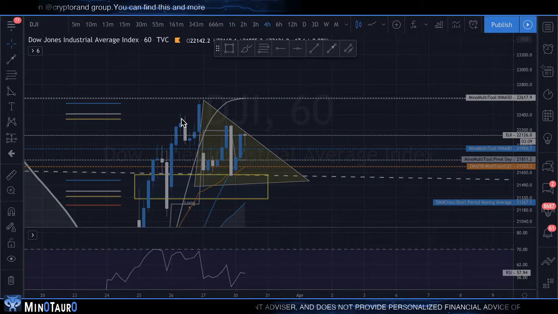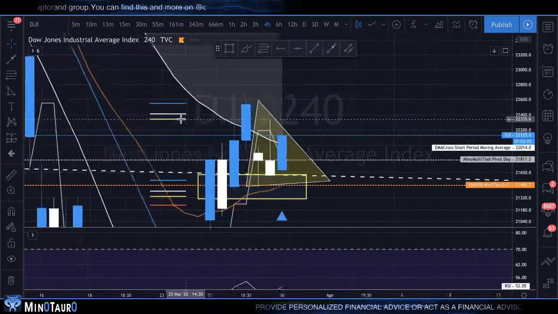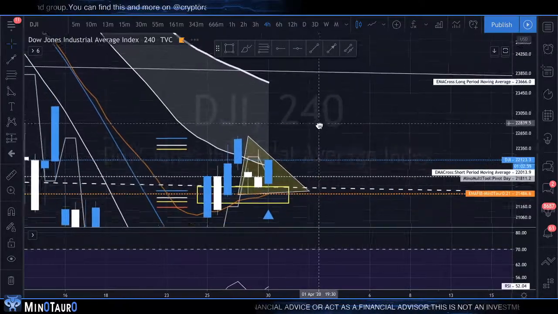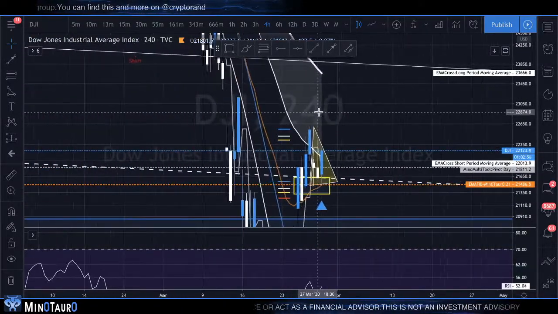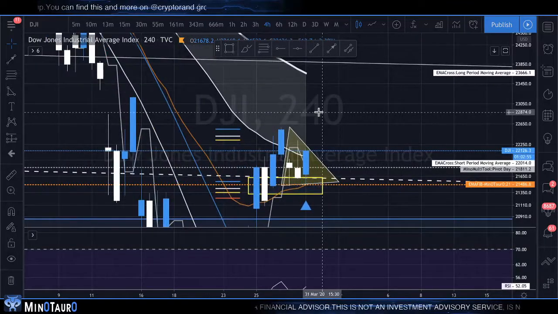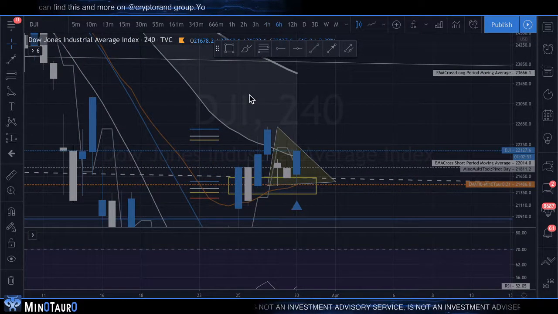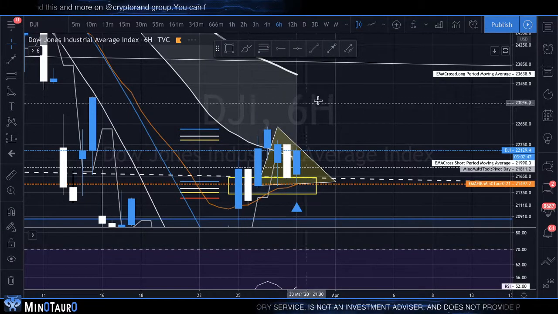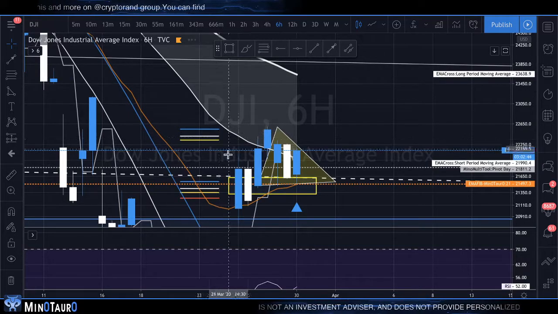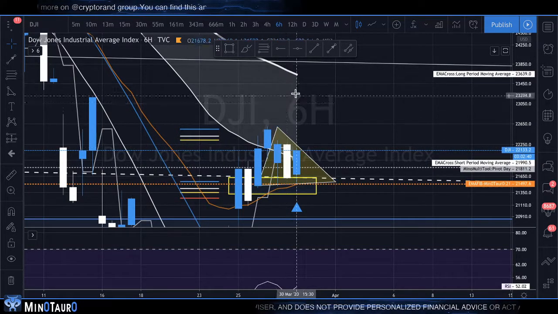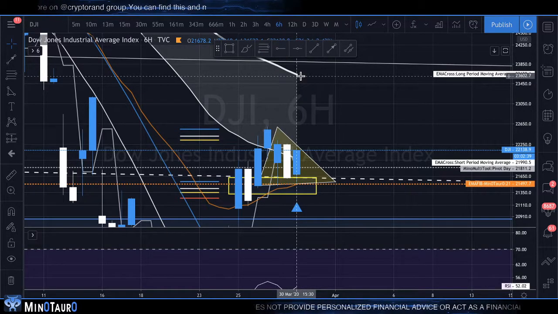Let's watch this on a bigger time frame. Still a lot of time. There is this resistance coming. In the big time frame, we have this in the 4 hour. Yeah, around the same zone as the 6 hour too. So if we can make it run over this one, we can even go 23.